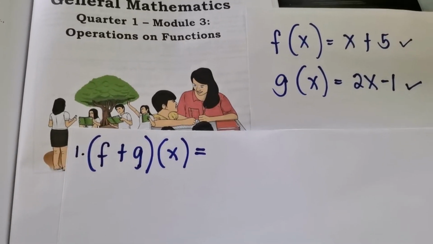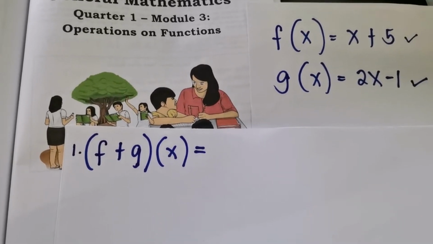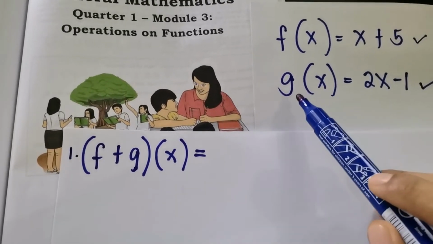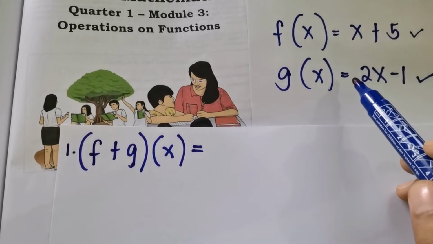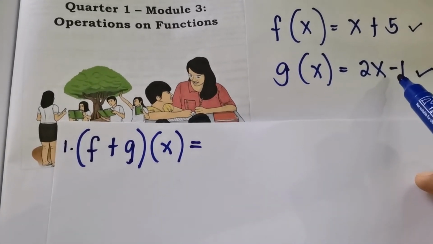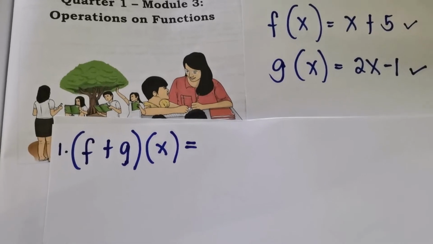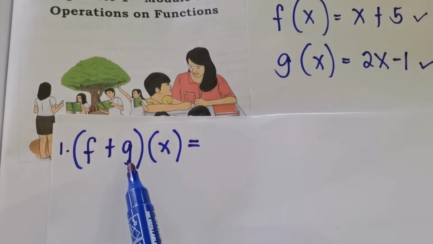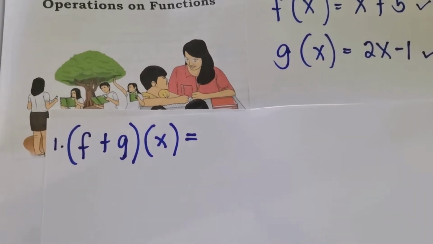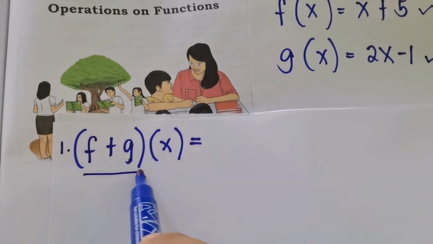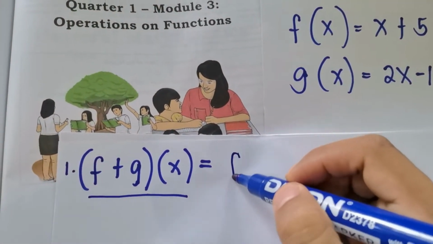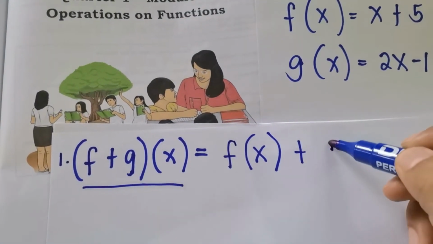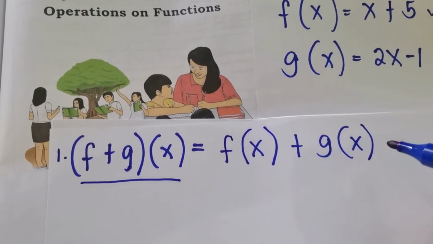Example number 1. The given functions are f of x, which is equal to x plus 5, and g of x is equal to 2x minus 1. We are going to find the quantity f plus g of x. So in the definition, this is just equal to f of x plus g of x.